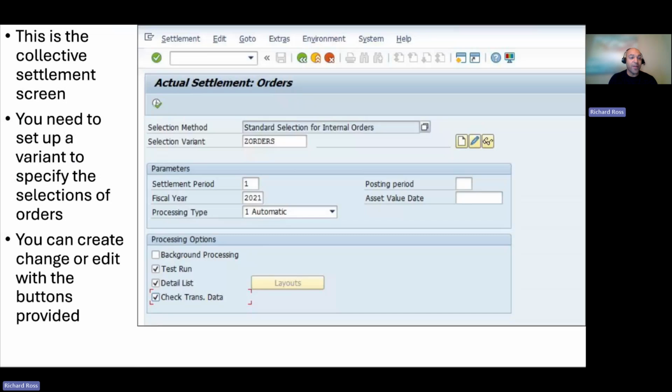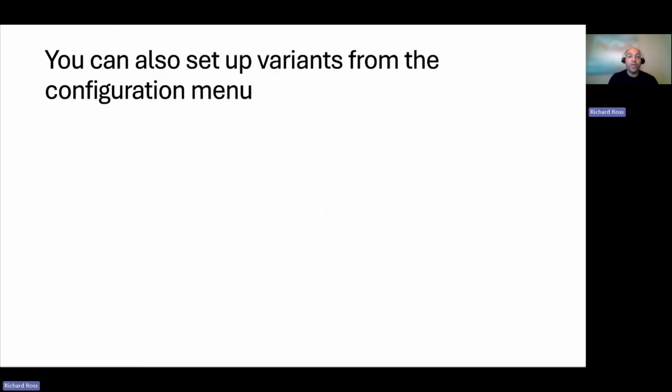You need to set up a variant to specify the selections of the orders. You can create, change, or edit with the buttons provided. You can also set up variants from the configuration menu.